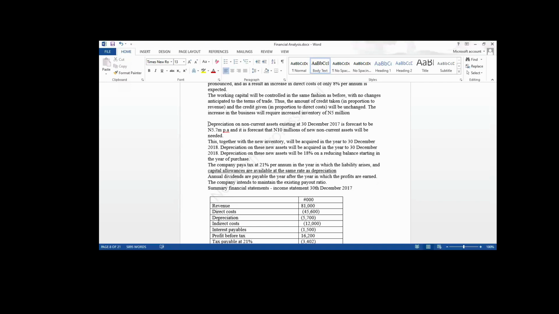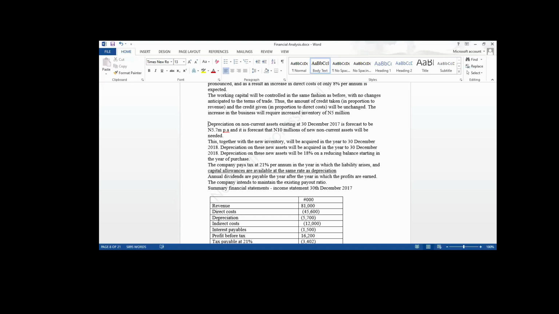Annual depreciation is 5,700,000 per annum. And it is forecast that 10 million of new non-current assets will be needed. This will be acquired in 2018.